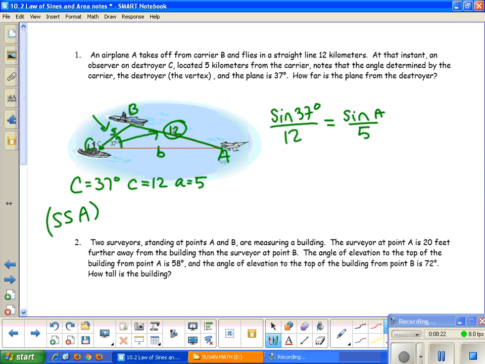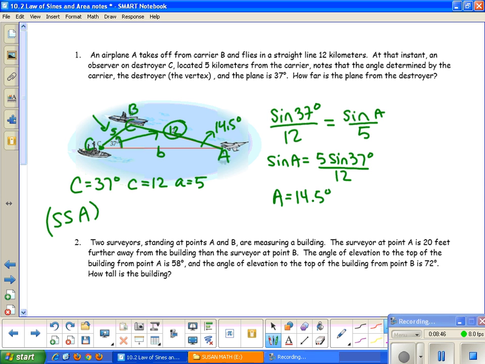So when I solve this, I get the sine of A is equal to 5 times the sine of 37 degrees over 12. Do that in your calculator. Don't forget to take the sine inverse of your answer, and you end up with A equal to 14.5 degrees.